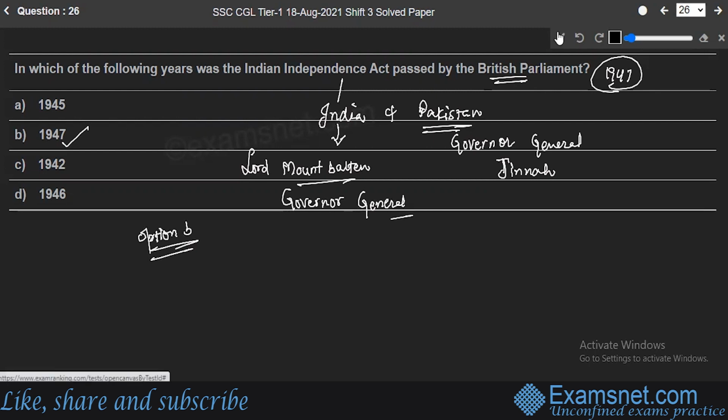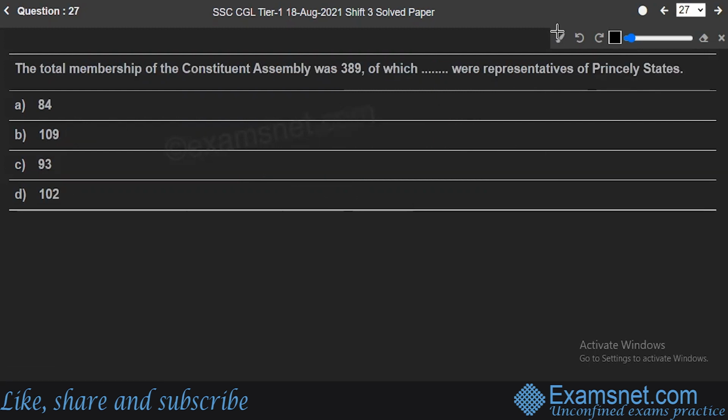Let's move to the next question, number 27. The total membership of the Constituent Assembly was 389, of which dash were the representatives of princely states: 84, 109, 93, or 102. The Constituent Assembly took almost 3 years, about 2 years, 11 months, and 17 days to complete the task of drafting the Constitution of India.